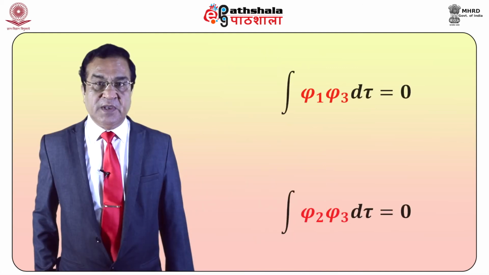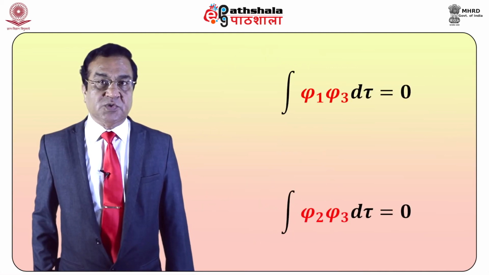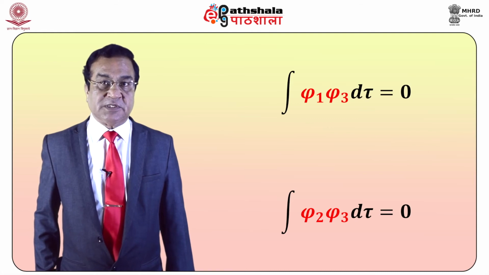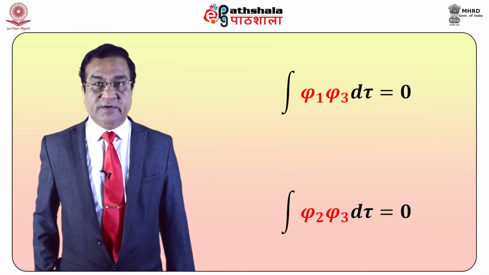Now the question comes, how to get the wave function for the second degenerate molecular orbital with this energy alpha minus beta. As you remember, we chose C3 to be equal to 0, but we cannot repeat the same process for determining Phi3, because we must remember that the molecular orbital Phi3 must be orthogonal to the other two molecular orbitals of the system, that is Phi1 and Phi2.